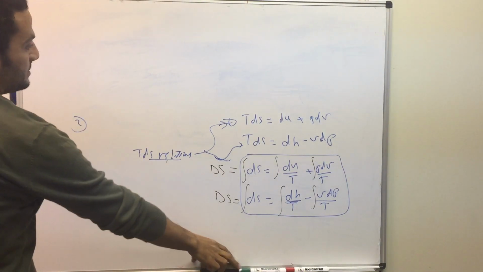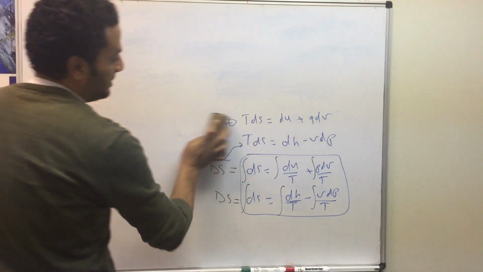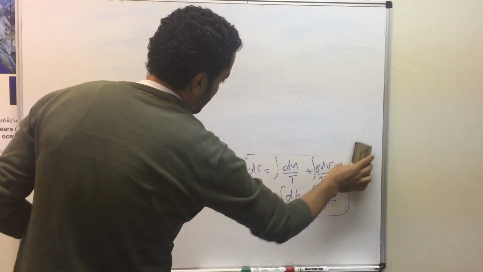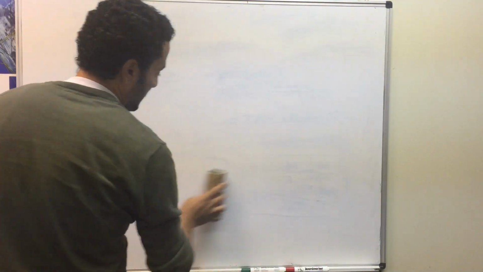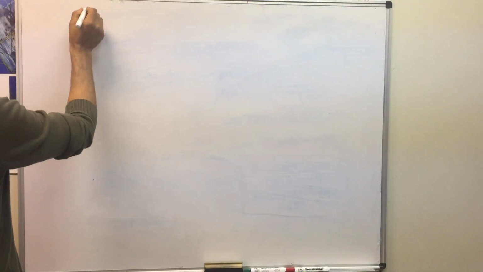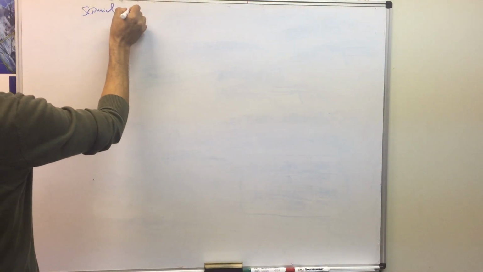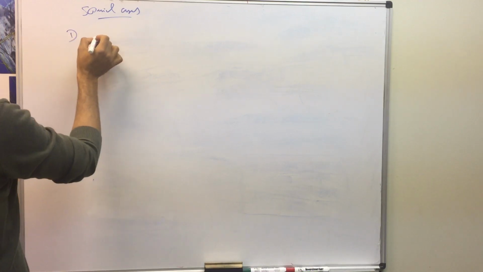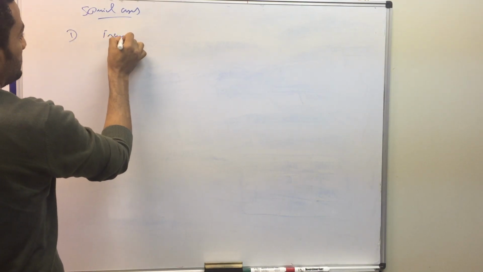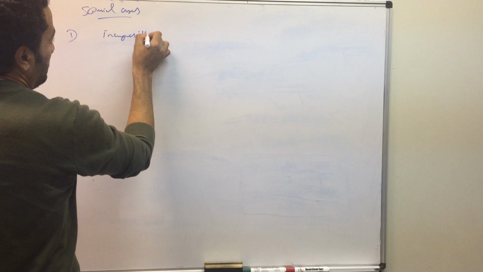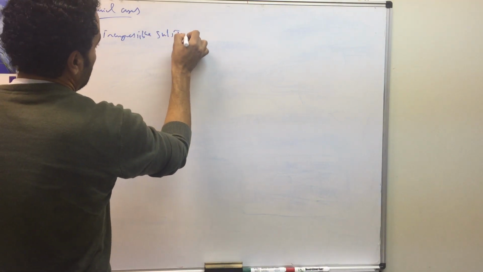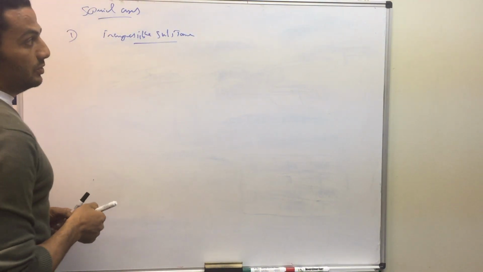So any other case, these two Tds relations can be applied for any case actually. Let's consider special cases. The first case is when we do have an incompressible substance. Incompressible, which are liquid or solid.